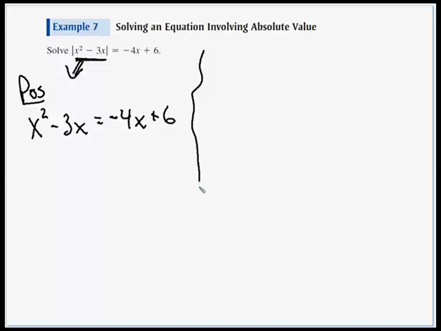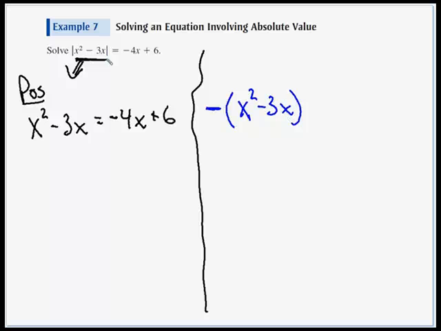And let me do a little line down here. And then we're going to do an alternate case, where maybe what is within the bars turns out to be negative, and then the bars will do their job and make it positive and then equal to the right side of the equality. So we're going to take those absolute value bars and turn them into parentheses, and we're going to make that entire quantity negative.